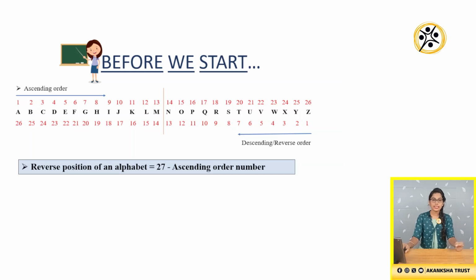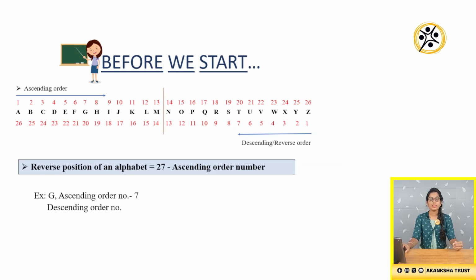Let us understand this with the help of one example. Suppose I give the letter G. What is the ascending order number? You can see from the list that it is 7, right? And what is the descending order number? Again in the list you can see it is 20.